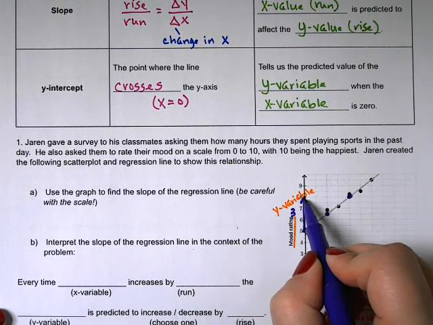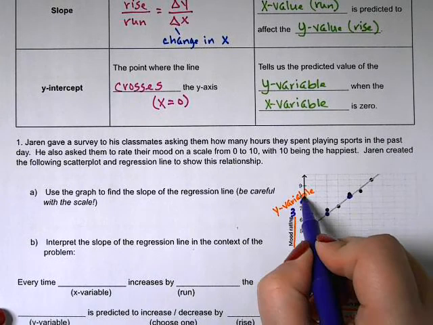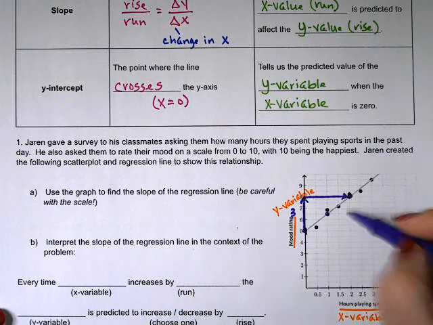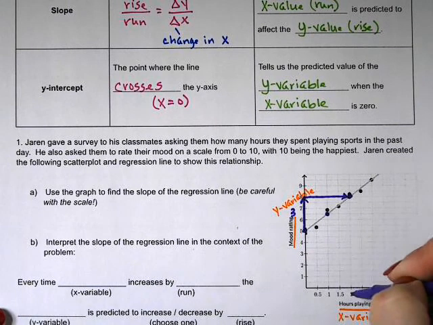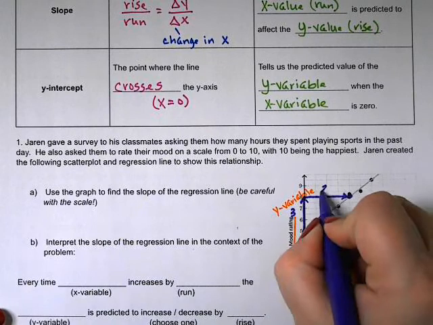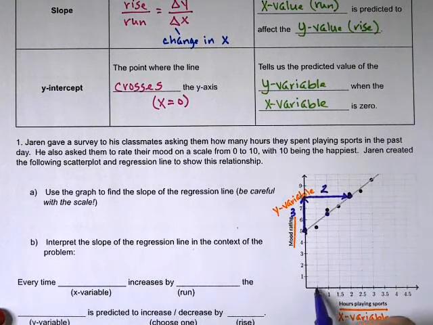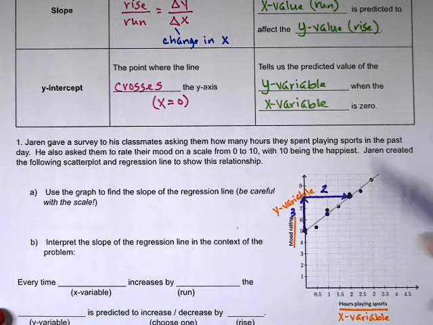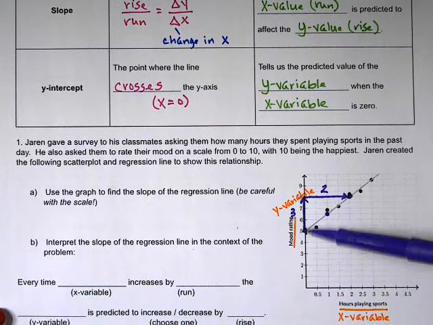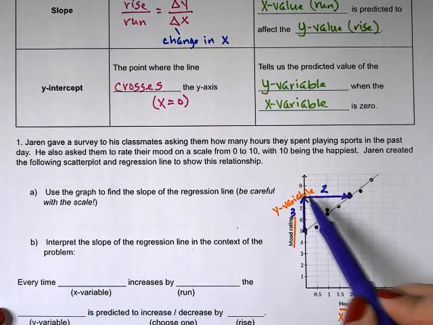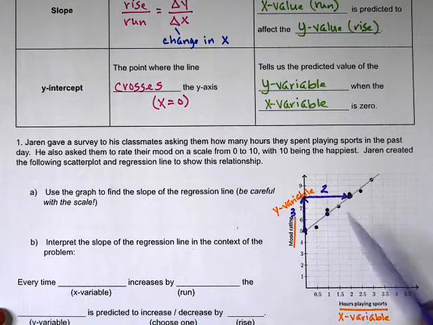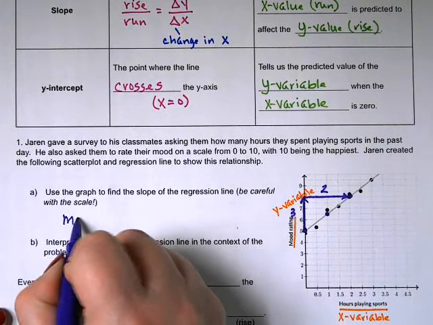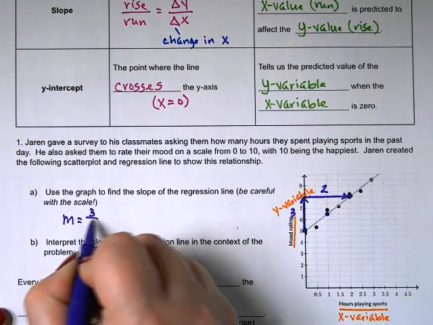And then I'm going to go from 0 all the way over to whatever this is. So let's see, what is this? This is 2. So even though it looks like it's going farther, it's because these are going by 1/2, so we want to make sure we're careful there. So we're going from 5 to 8, which is up 3, and from 0 to 2, which is over 2. So our slope is going to be 3 over 2.